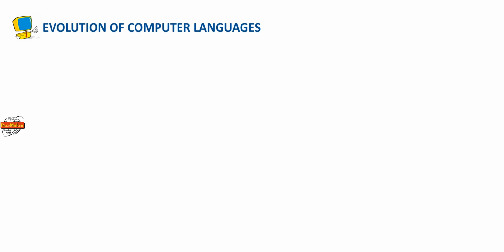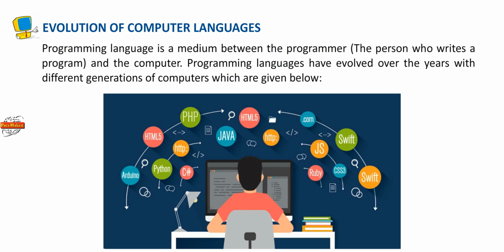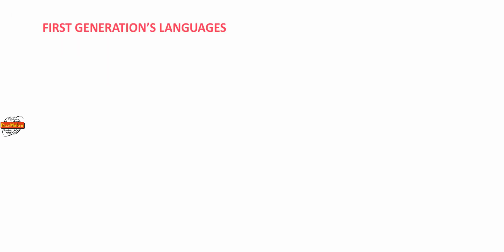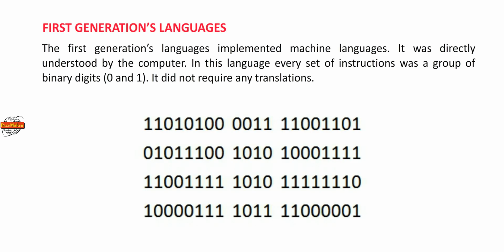Evolution of computer languages. Programming language is a medium between the programmer, the person who writes a program, and the computer. Programming languages have evolved over the years with different generations of computers, which are given below. First generation languages implemented machine languages.